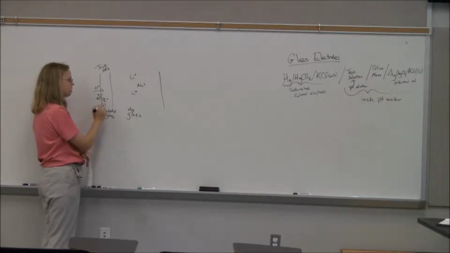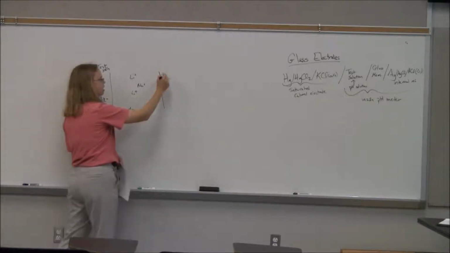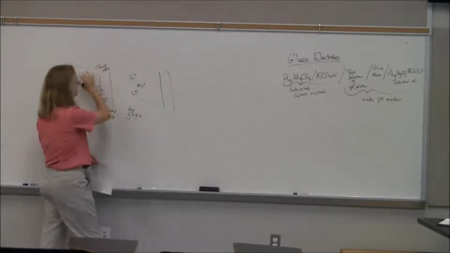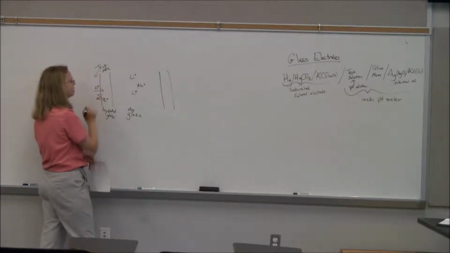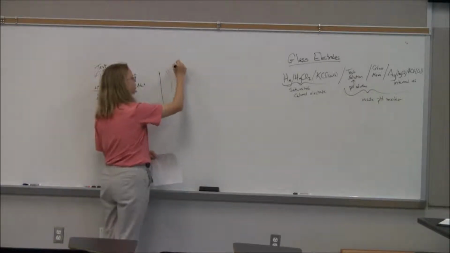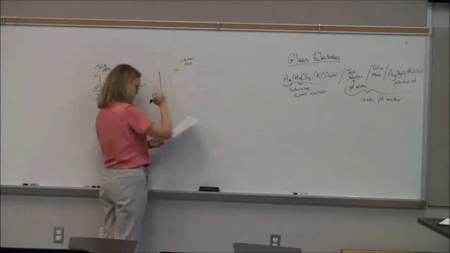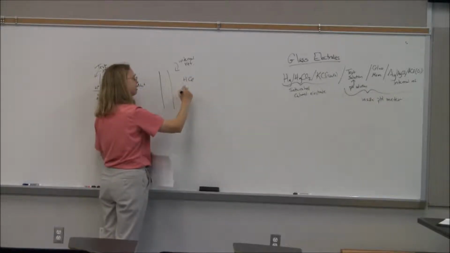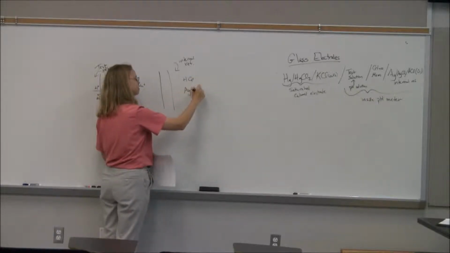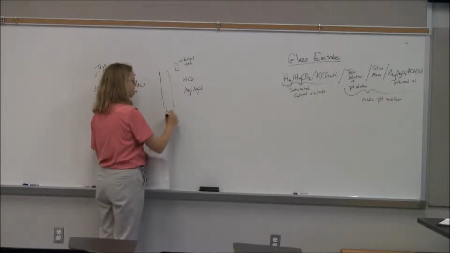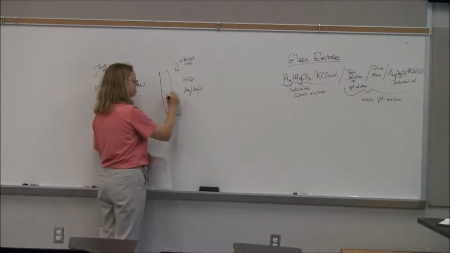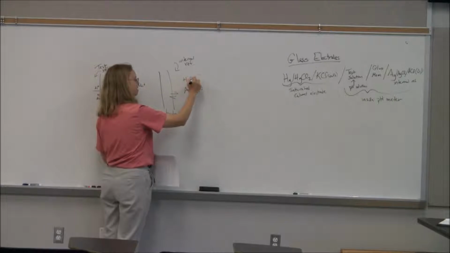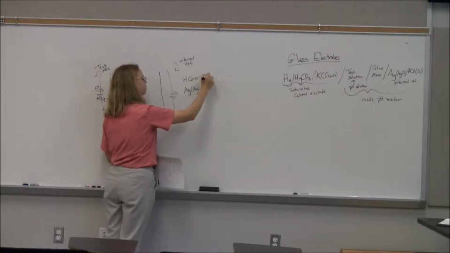And then on the other side, with our test solution, it sits out here. We have our internal reference solution on the other side. Usually it's some sort of HCl again, and you have your silver chloride reference sitting in there, again hydrated, and it too can exchange with this. And this, of course, is a known.